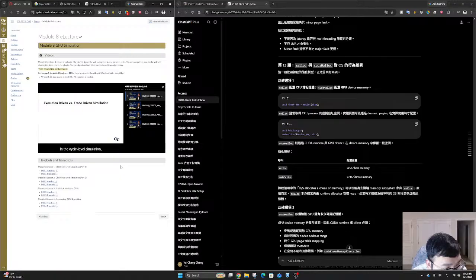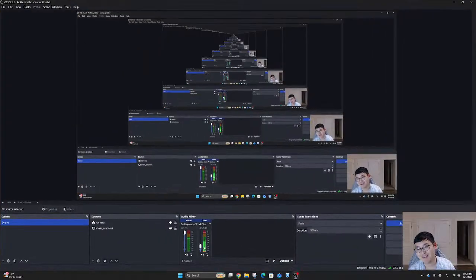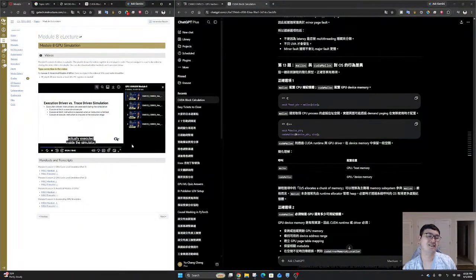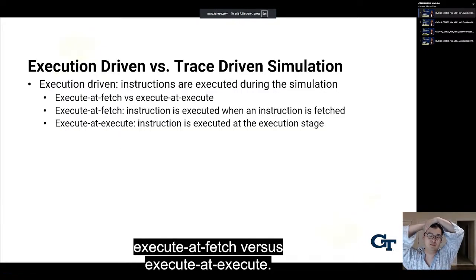In the cycle-level simulation, two types of simulation techniques exist: execution-driven versus trace-driven. In the execution-driven, instructions are executed during the simulation. Depending on when an instruction is actually executed inside the simulator, there are also two different simulators: execute at fetch versus execute at execute.